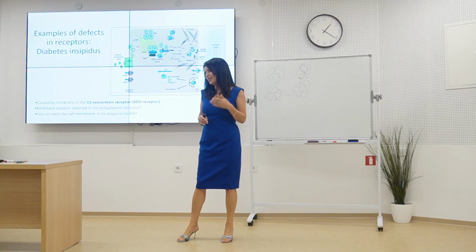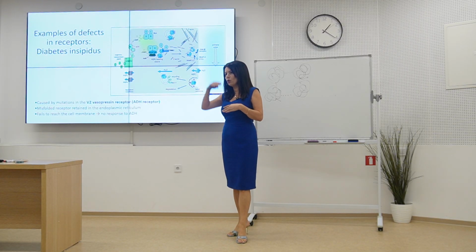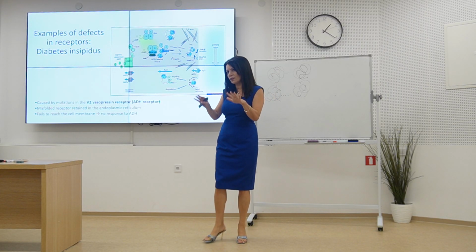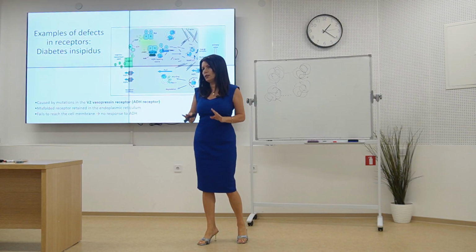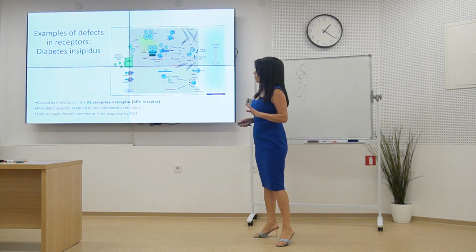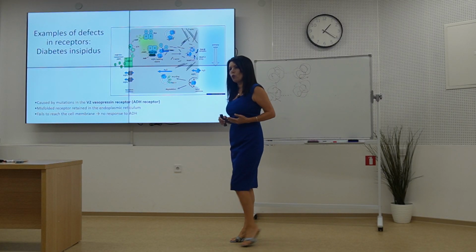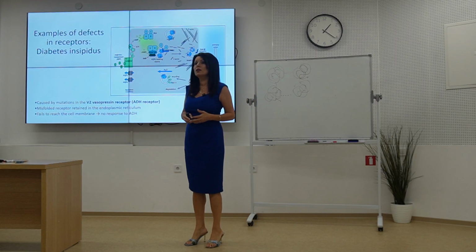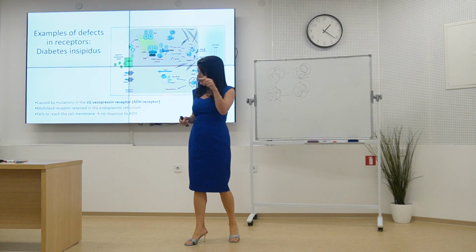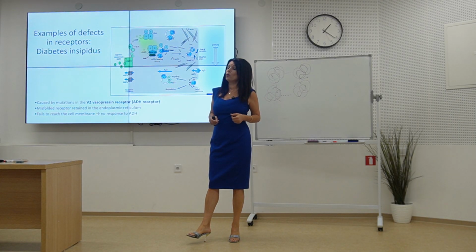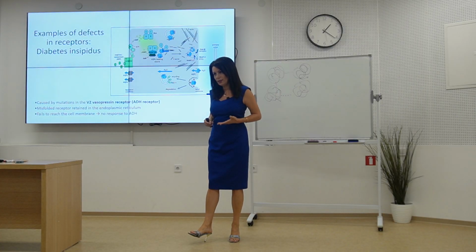Diabetes mellitus is the diabetes that you know, which is connected with glucose levels, insulin. It's not this diabetes. The reason here is the impossibility of action of one hormone, which is called antidiuretic hormone. We talked about this hormone last time as one of the examples of oligopeptides.